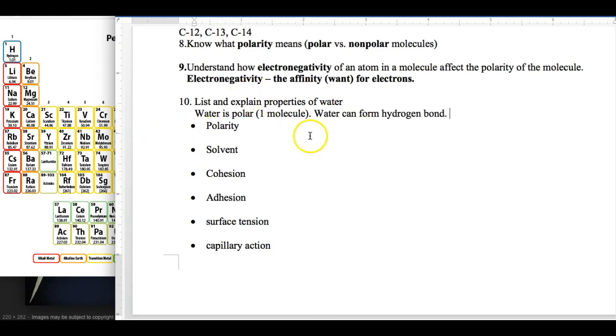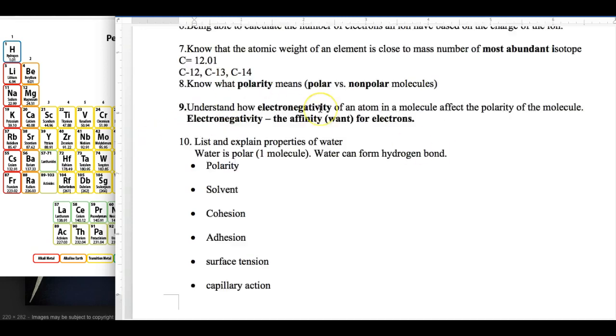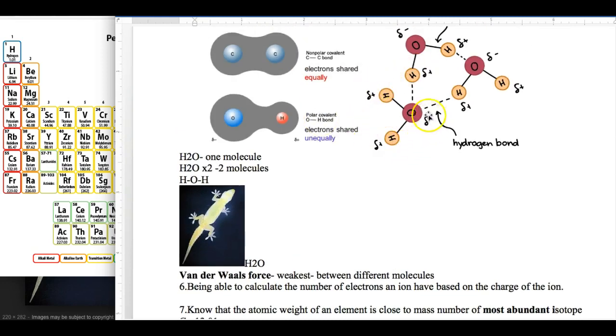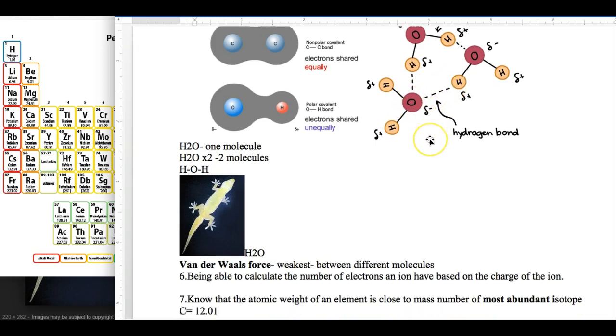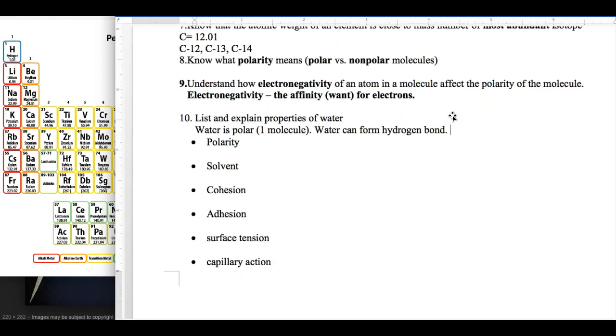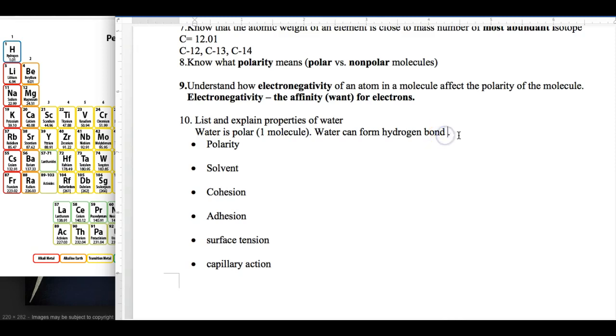So you wouldn't say water is hydrogen bond because this is one water. You can't have a hydrogen bond within one water. You have to have multiple water molecules interacting with each other, attracting to each other in order to have hydrogen bonds being formed. So hydrogen bond is formed between different water molecules.